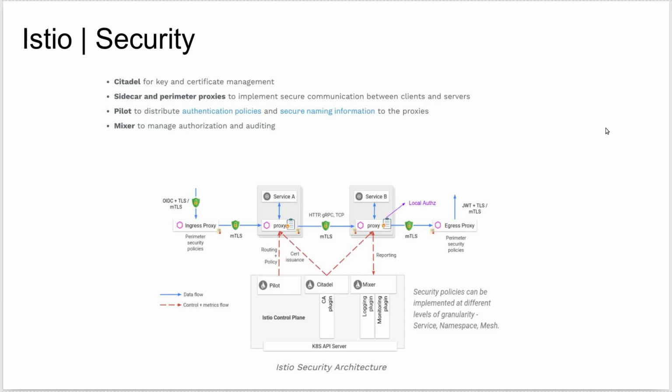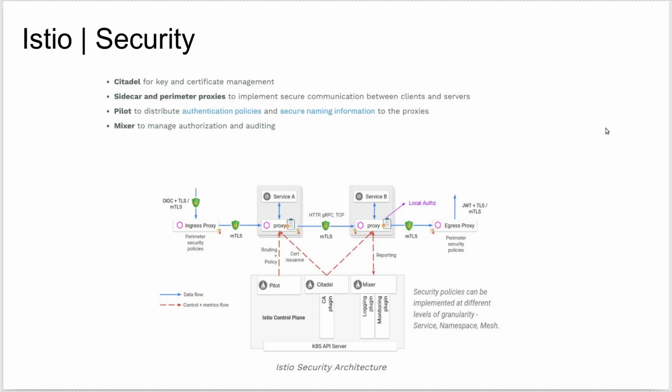The Pilot, which is on the control plane as well, distributes authentication policies and secure naming to proxies. And the Mixer, on the control plane as well, manages authorization and auditing. And you can also have mTLS communication, like end to end, pretty much.